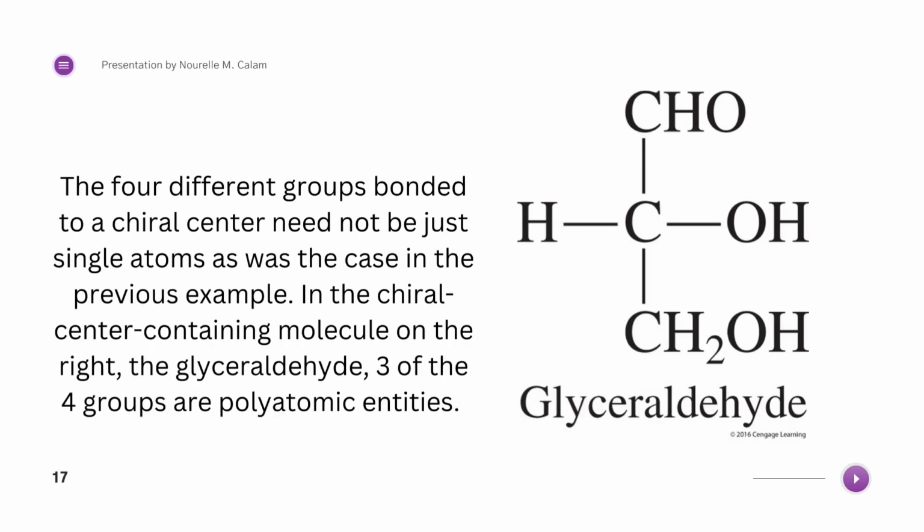Now, in this example right here, in the chiral center containing molecule on the right, named glyceraldehyde, three of the groups are polyatomic entities. So makita nato in glyceraldehyde that three out of the four groups are not single atoms but are rather polyatomic entities.